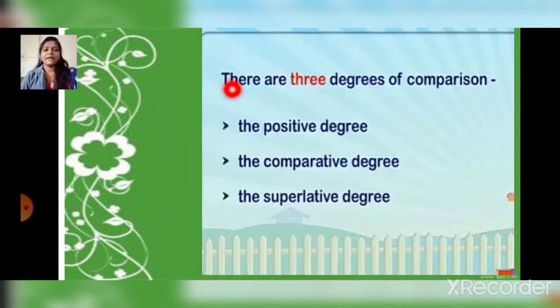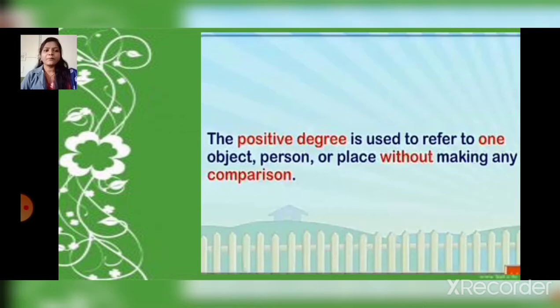There are 3 degrees of comparison: the positive degree, the comparative degree and the superlative degree. First, the positive degree.